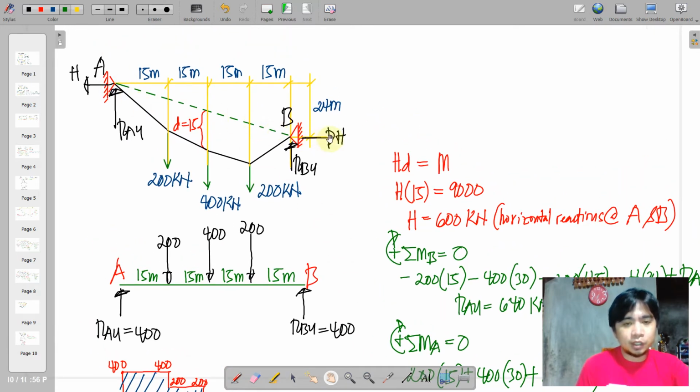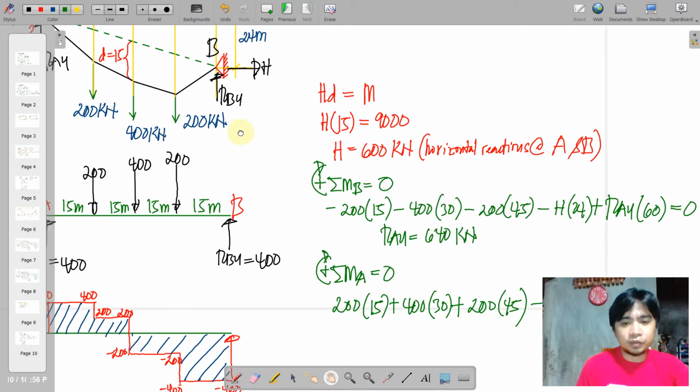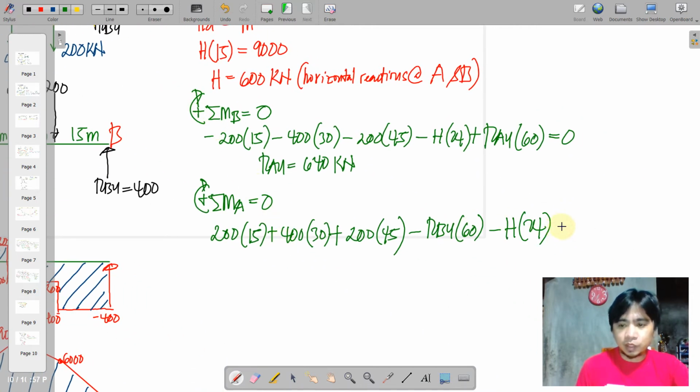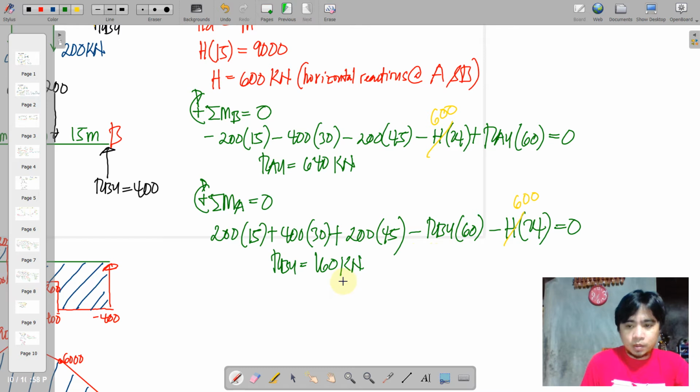Minus this H times 24, and this shall equate to 0. So by the way, this is actually 600 like this a while ago. Okay, so we can now solve for RBY. We have RBY is equal to 160.